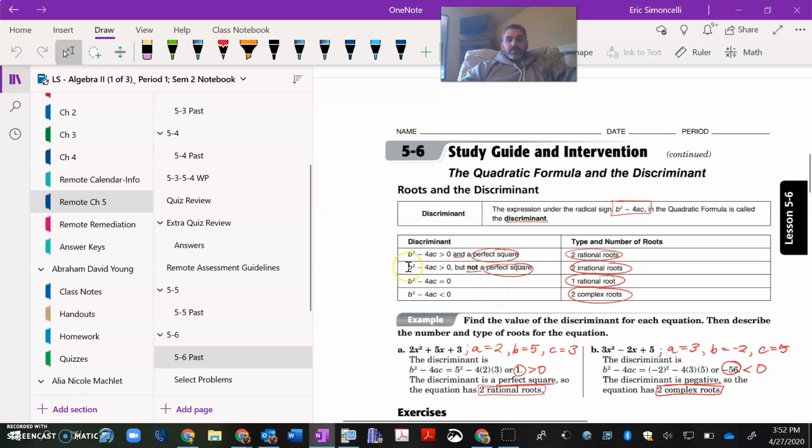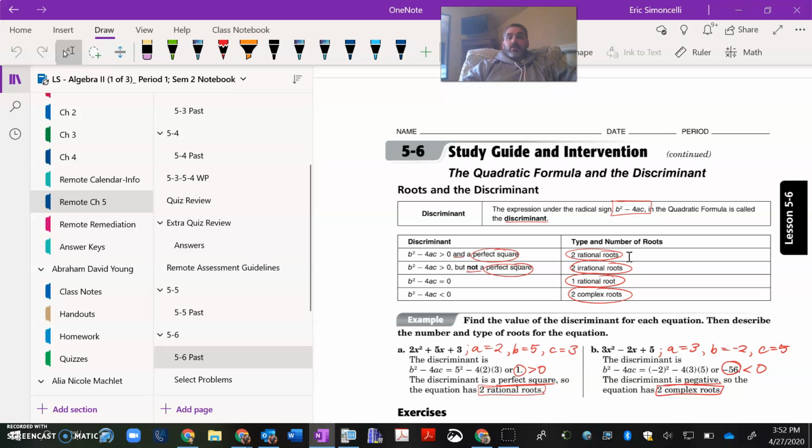The first of which is the following. If the discriminant is greater than 0 and it's a perfect square, then you're going to have two rational roots. Now that is the most efficient kind of outcome as far as deciphering what kind of graph you're going to take a look at, but also how it relates back to choosing between factoring versus the quadratic formula.